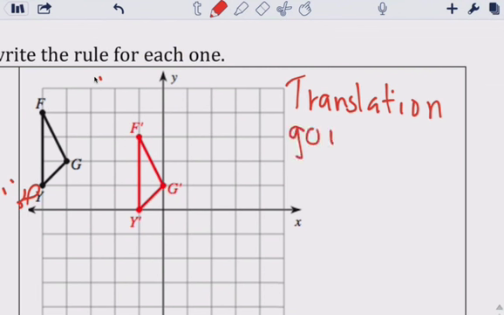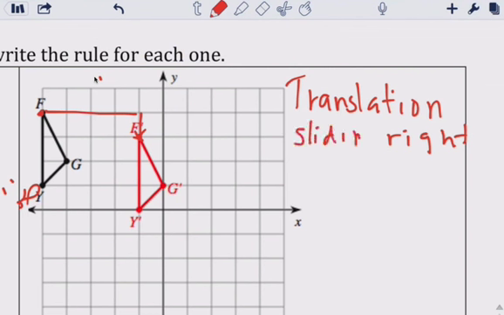Going left or right. Okay, it went right 4 before it went down 1. Oh, don't use the word going. Sliding. Translating.